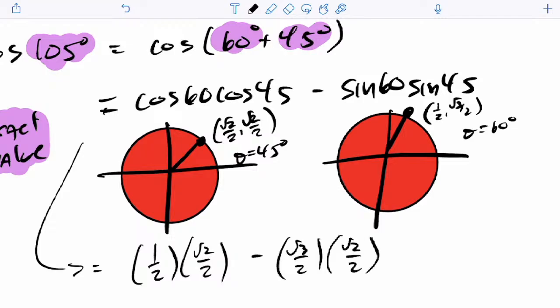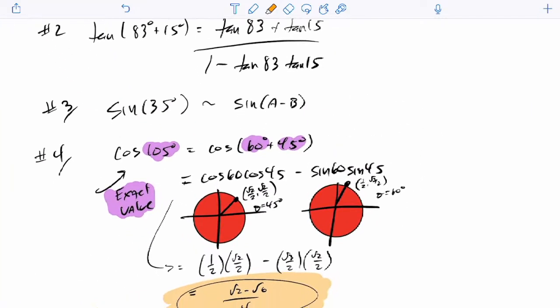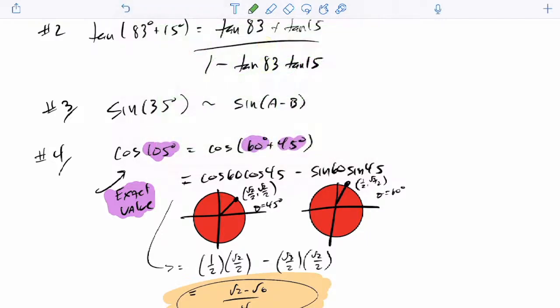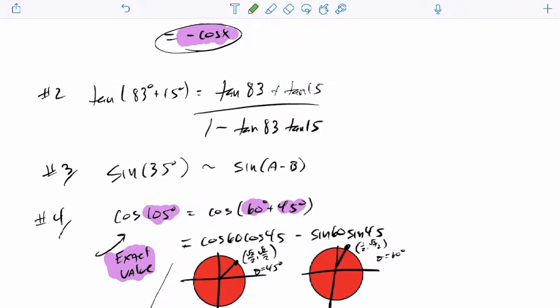So you can find your exact value here, to which we get root 2 minus root 6 over 4. Okay, so there's number 4 here.